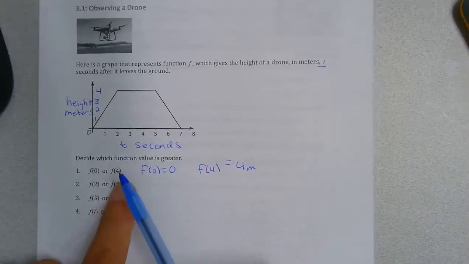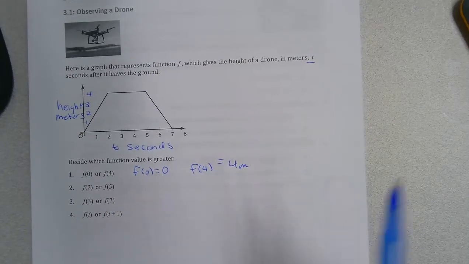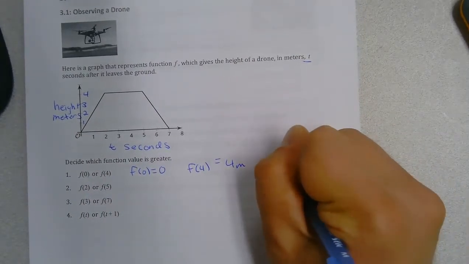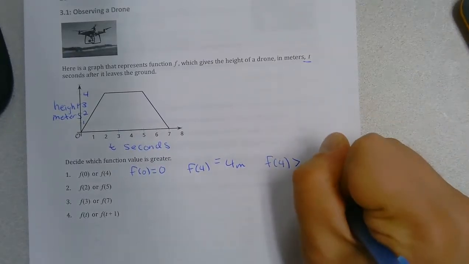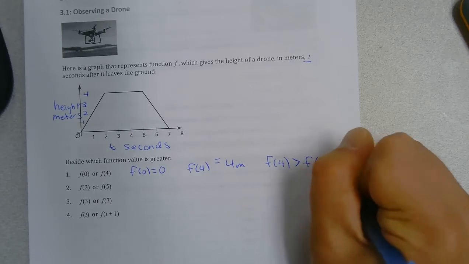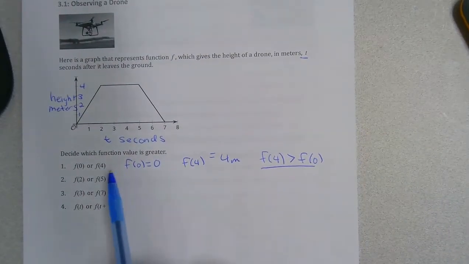To determine which one's greater, well, 4 meters is greater than 0 meters. So we would just say f of 4 is greater than f of 0. We can use mathematical symbols to say that, or you could write it out if you want.